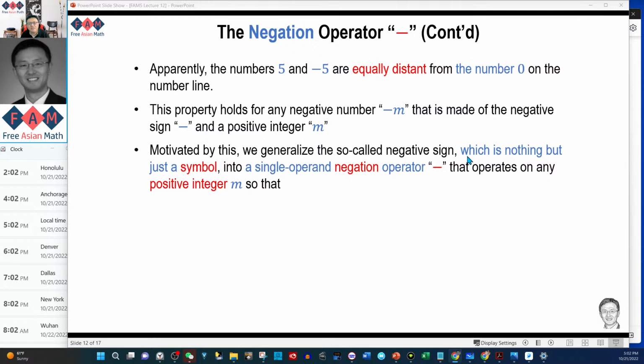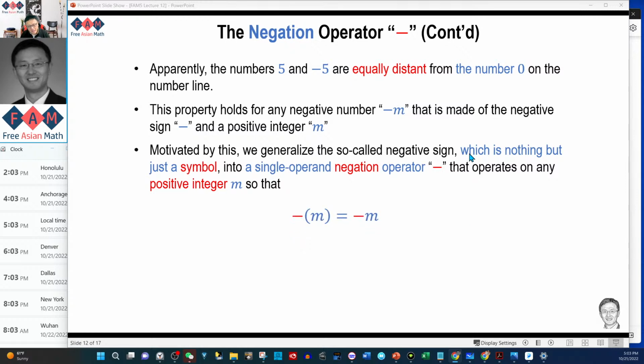So motivated by the fact that 5 and negative 5 are on the right-hand side and the left-hand side of 0, symmetrical on the number line, with 0 as a kind of mirror, they are mirror images of each other. By the way, not just 5, like we mentioned, but any natural number m. Motivated by all that we just observed, we want to define this negation operator in a way.